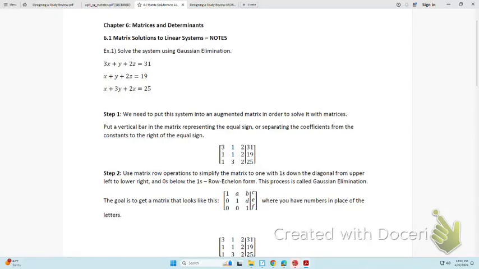In stats, we started chapter 6, matrices and determinants, and we are looking at a system of 3 variables with 3 equations, and we're looking at an alternative way to solve the system with matrices. So the first step is we need to make what's called an augmented matrix.